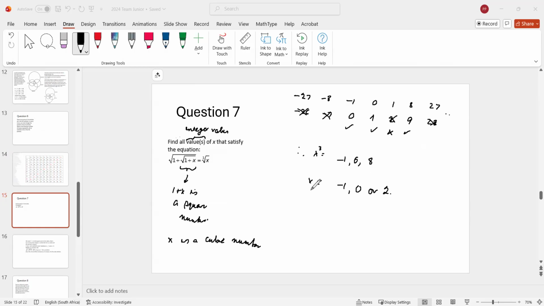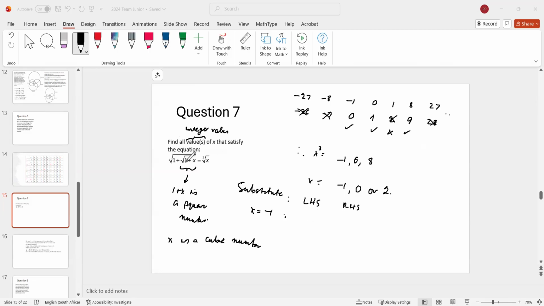So if x is minus 1, let's substitute x equals minus 1 into the left-hand side and right-hand side.